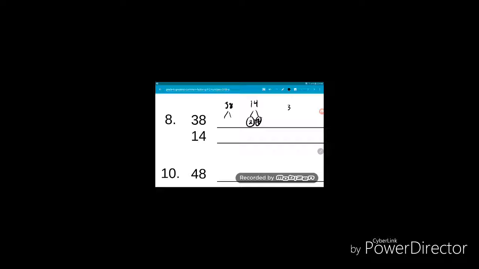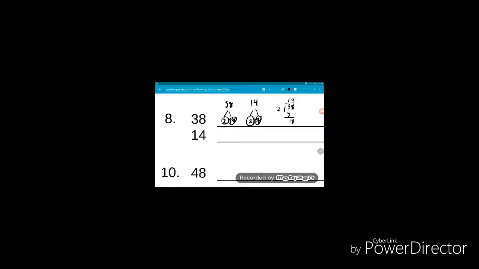Probably worst case we divide it by 2. 19. 2 times 19 gives you 38. 19 is prime.